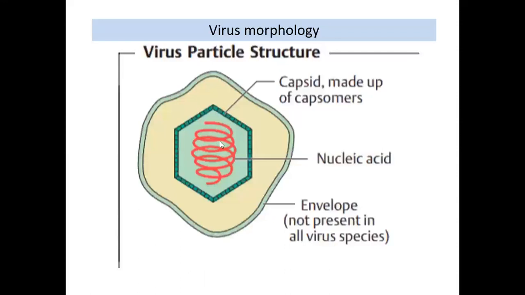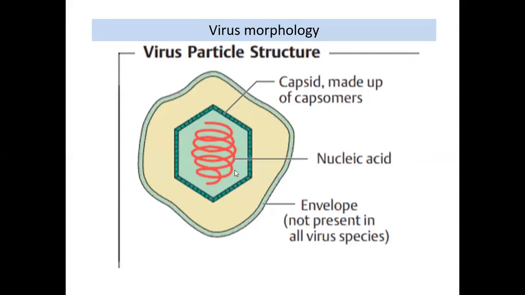Okay, look at this picture. Here we can see viral morphology. Each virus has nucleic acid. Nucleic acid can be RNA or DNA, as I said previously, and it's obligatory for viral nucleic acid to be coated with a capsid. The capsid is a protein structure which consists of protein particles called capsomers.